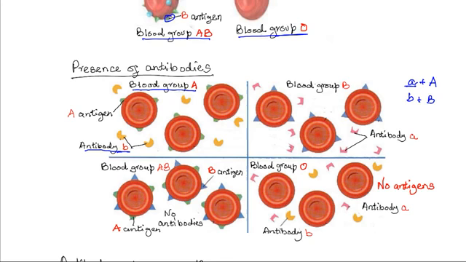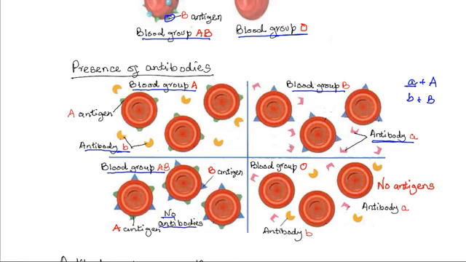Likewise, those people that belong to blood group B, meaning they have antigen B on their red blood cells, have antibody A. While those that belong to blood group AB that have both antigens cannot have either antibody A or B. So they have no antibodies in their plasma.